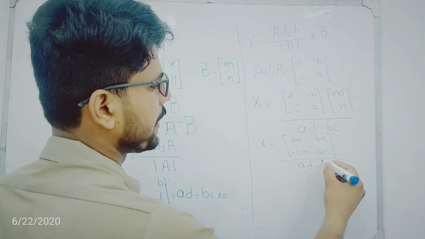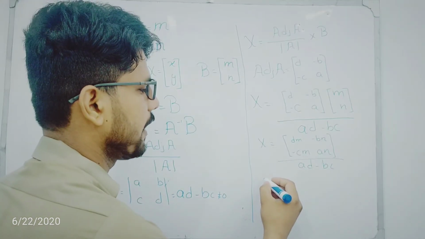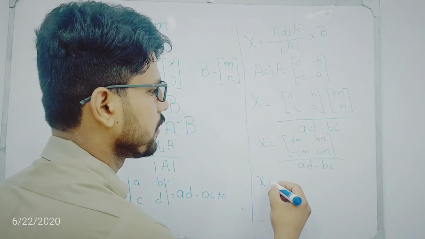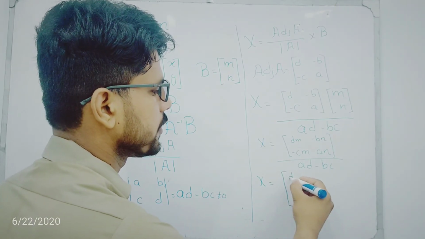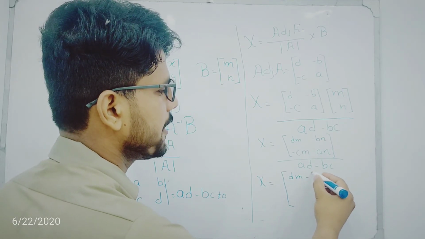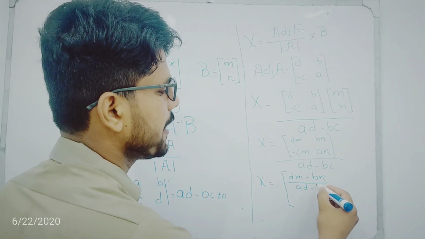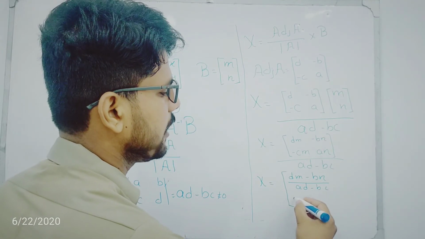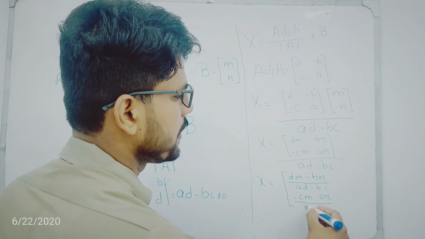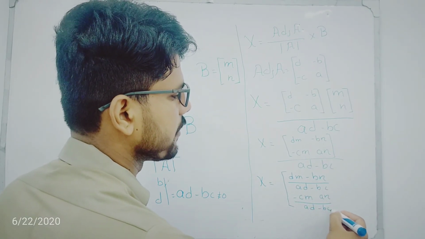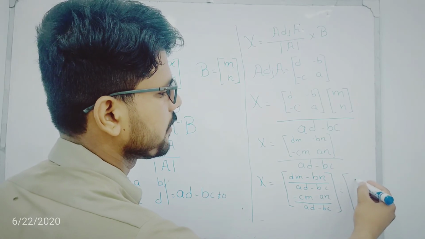ad minus bc. Now this is being divided, so what will we get? x is equal to dm minus bn over ad minus bc, similarly minus cn an over ad minus bc. So it is equal to x and y.